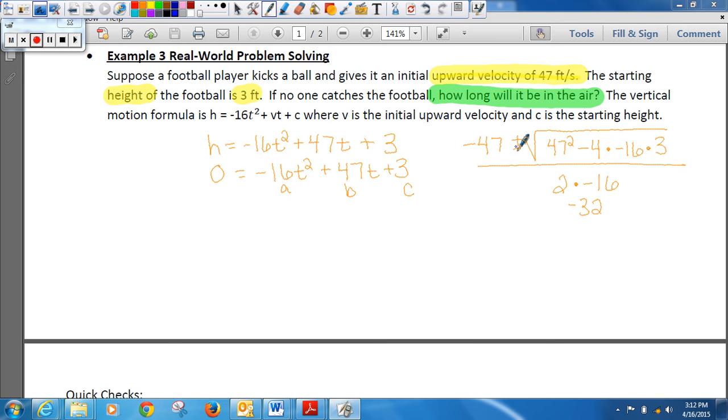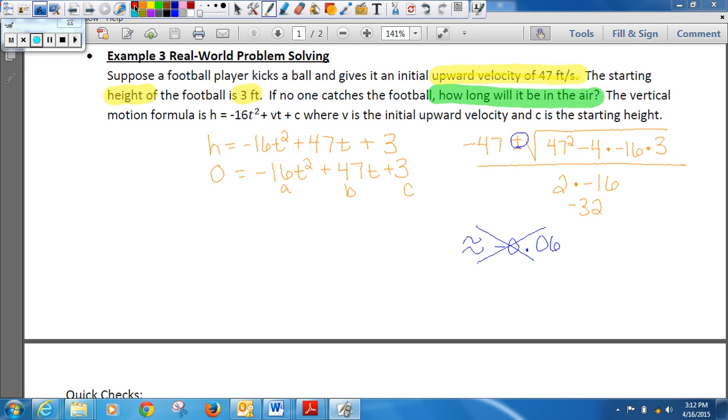So I plug it in for the positive, and when I do that, I get approximately negative 0.06. We are talking about how long it would be in the air. It cannot be in the air a negative amount of time, so this one is not a logical answer.